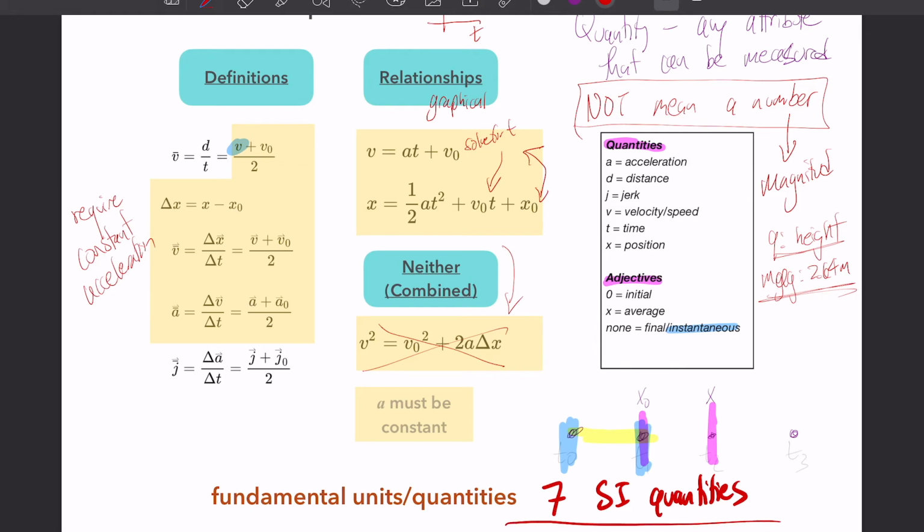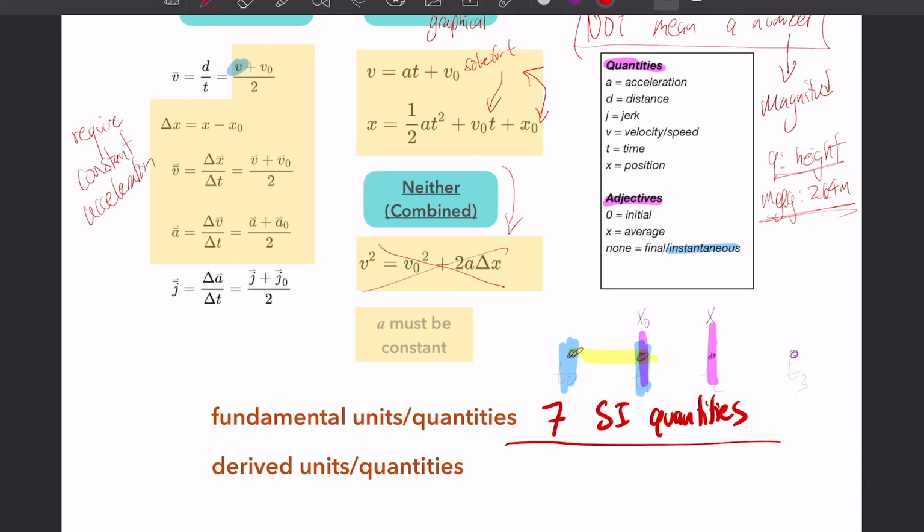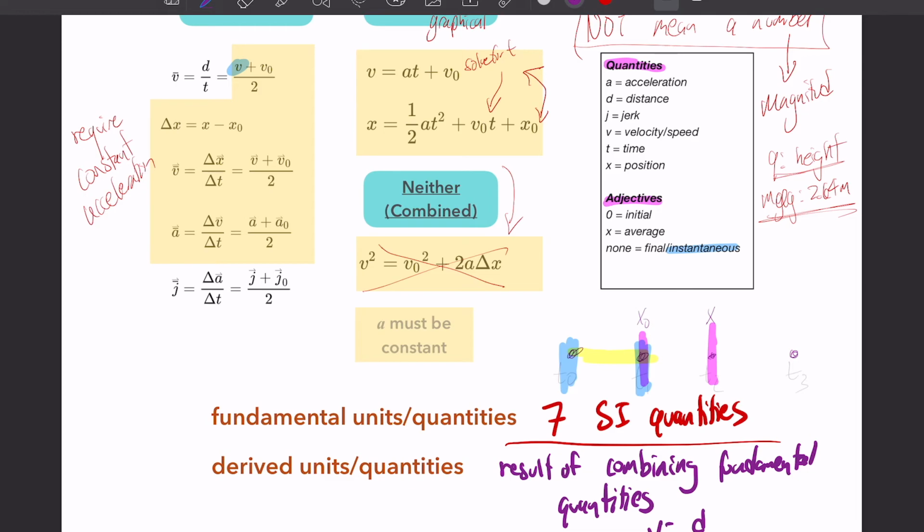Now derived units or derived quantities are those that are the result of combining fundamental quantities. For example, velocity is not a fundamental quantity. It is a derived quantity because it is built off of fundamental measurements.